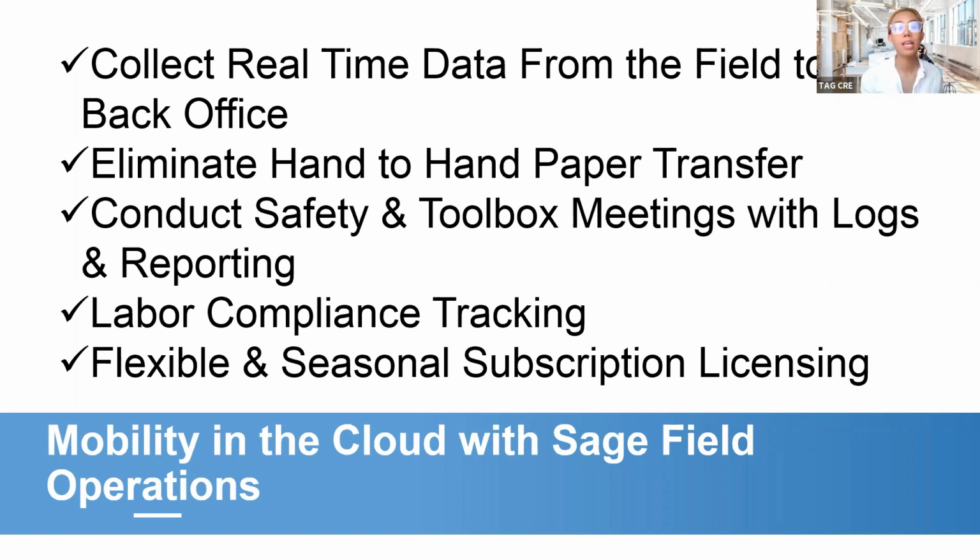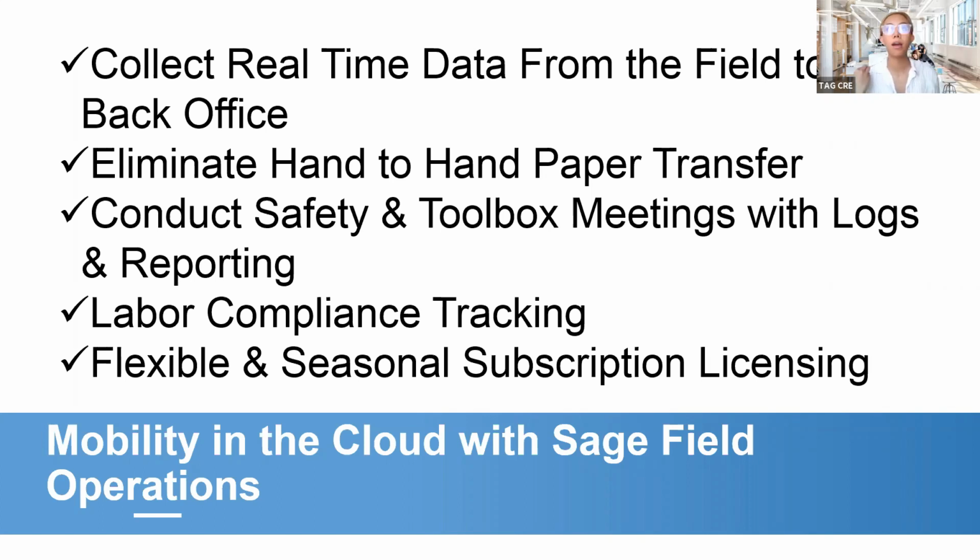And how does it do that? It has a connector that is installed on the same server location where your Sage 300 CRE system is. So as long as you have data or internet connected to that server, you'll be able to push information out to Sage Field Operations as well as collect data.